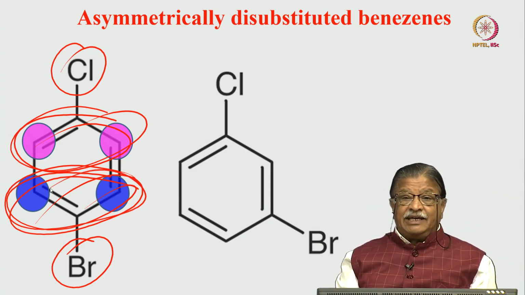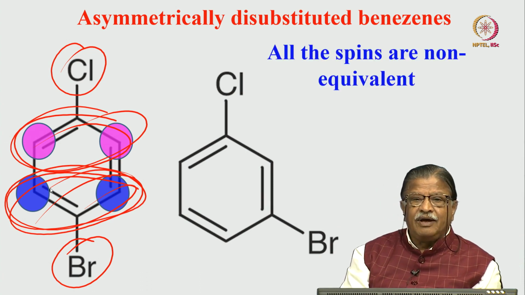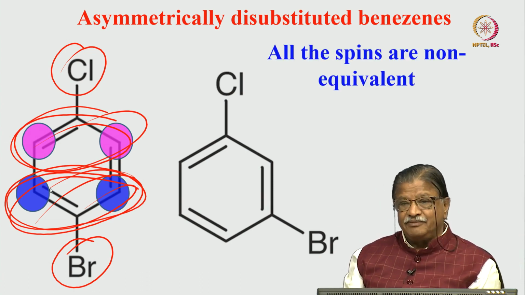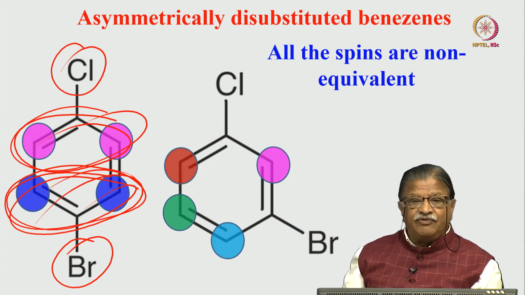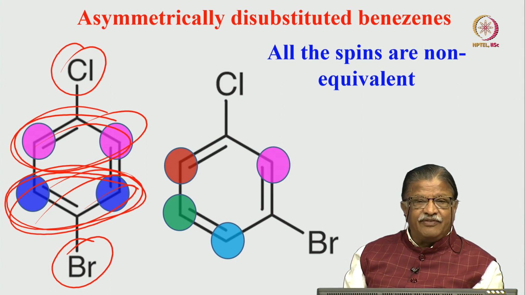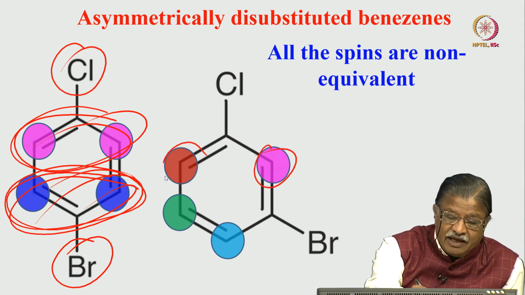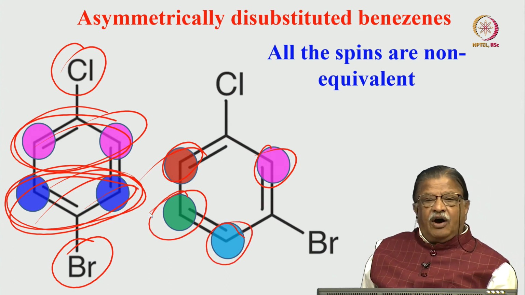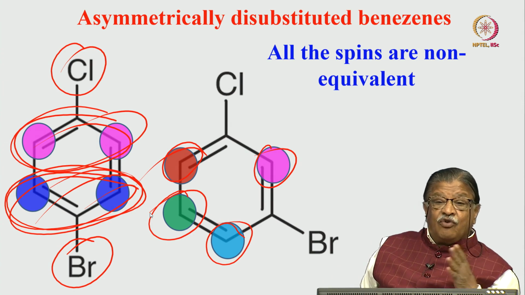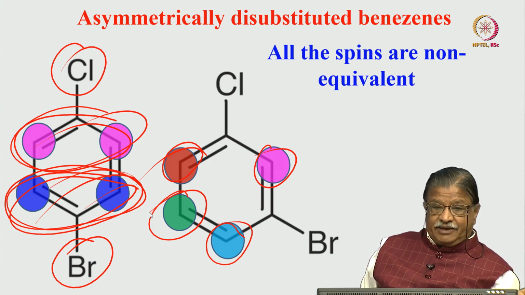What about asymmetrically disubstituted meta disubstitution? Now, there is no symmetry at all. Where is the symmetry here? There is no symmetry. All the four protons are completely different. I have put different colors. So, this proton is chemically different, this is different, this is different. All the four protons give rise to four different chemical shifts, they are chemically inequivalent.